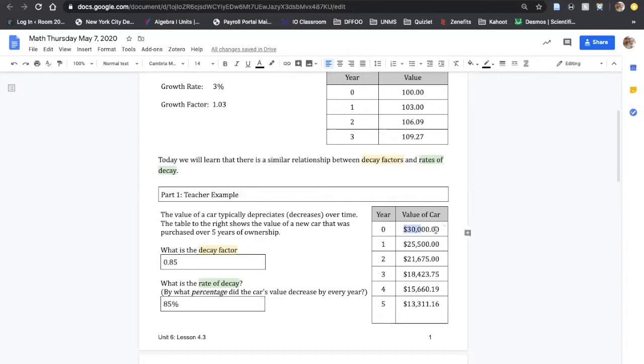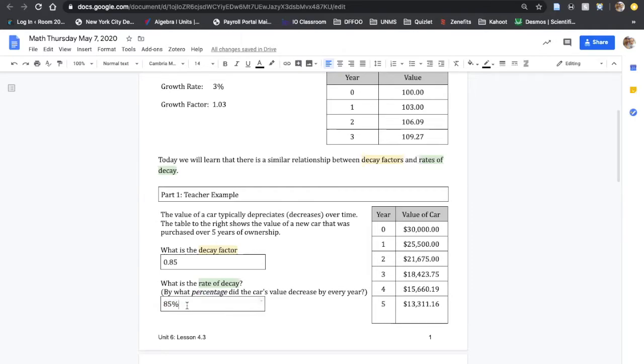Just think more about half of this. Half the value of this car is $15,000. So if this was to decrease by 85%, that means that this should be worth less than half. But right now, it's not worth less than half. It only dropped by about $4,500, right? Which is nowhere near 85%. So it's a little bit different when we talk about rates of decay.